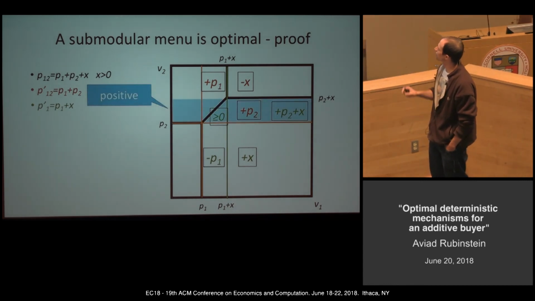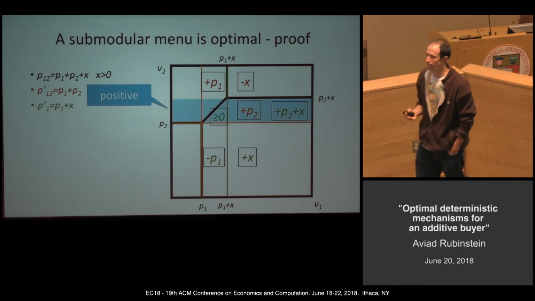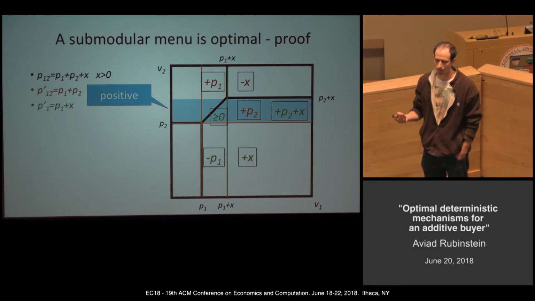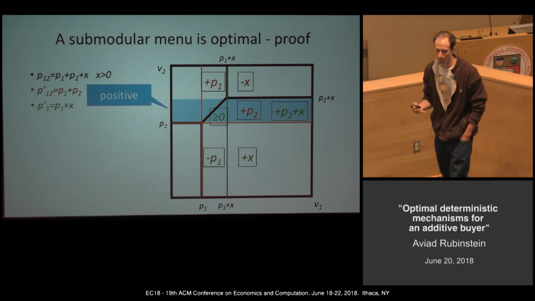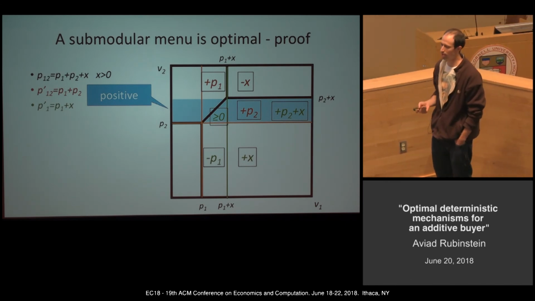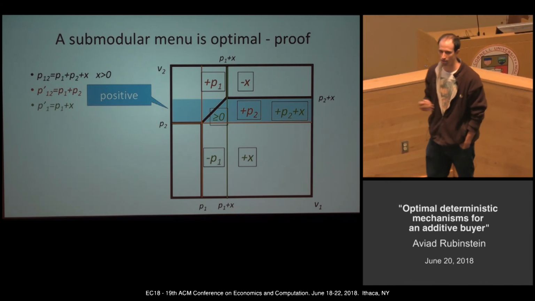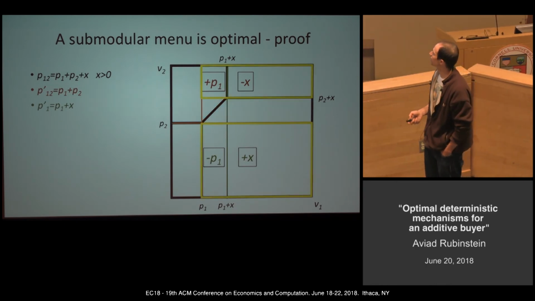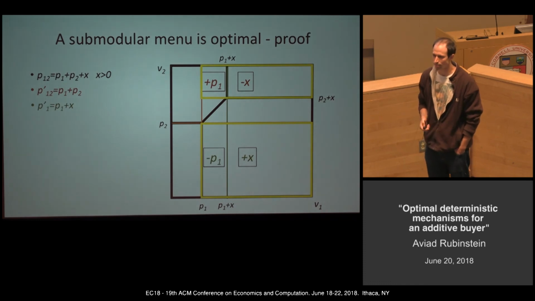And in this strip, the change in revenue when switching from the supermodular menu to either of the additive menus is always non-negative, so we're always gaining. And the question was what happens to the other two strips.